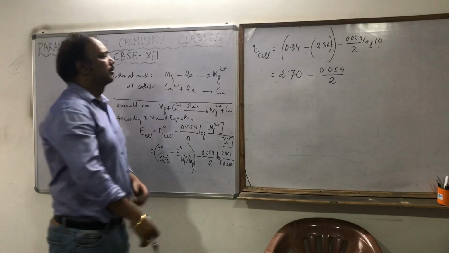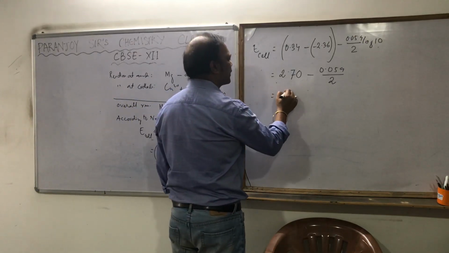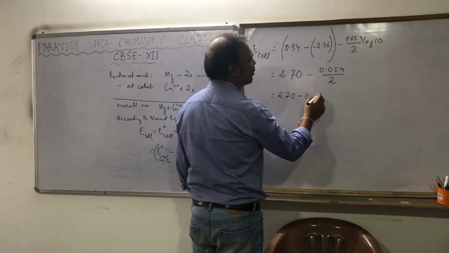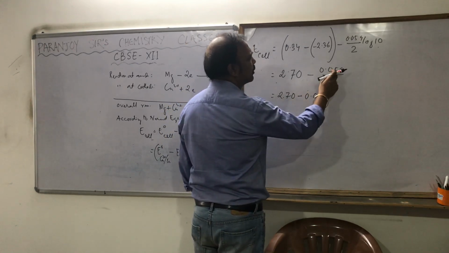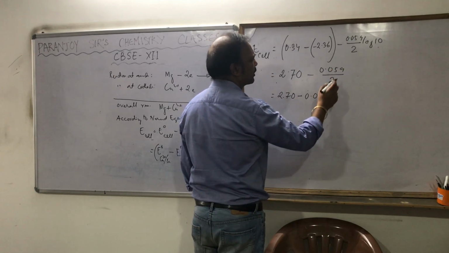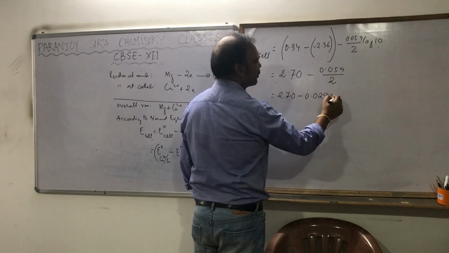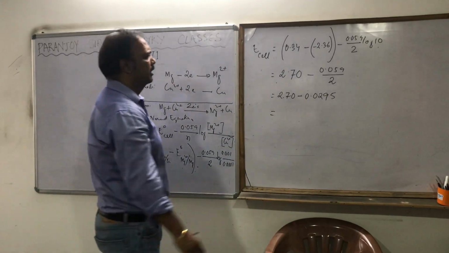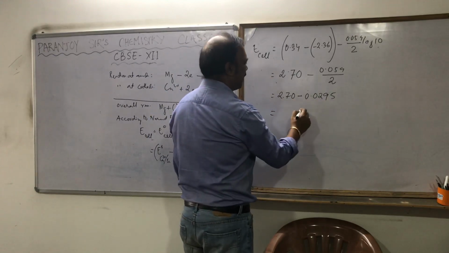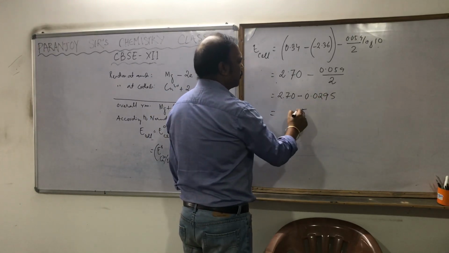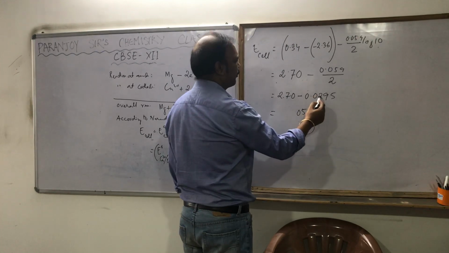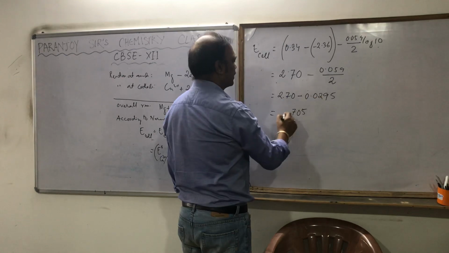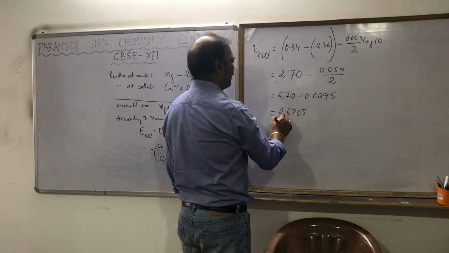So that is equal to 2.70 minus, just divide it, 0.059 divided by 2, which comes to about 0.03.